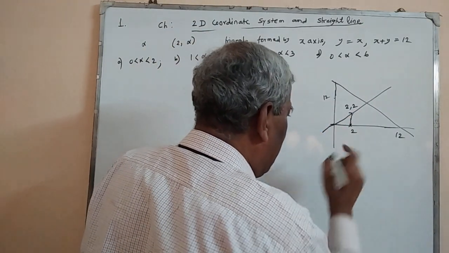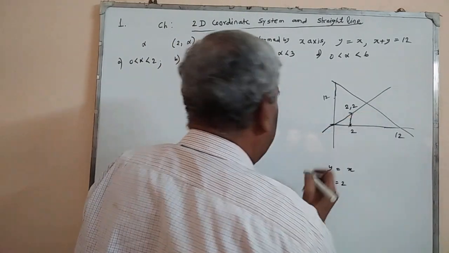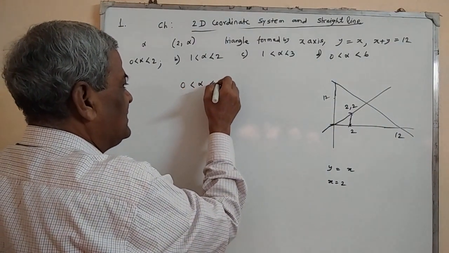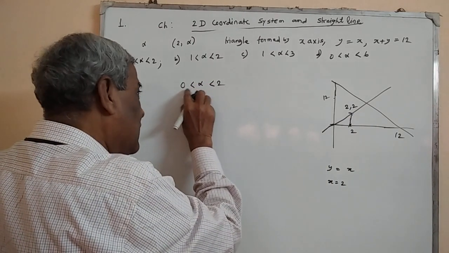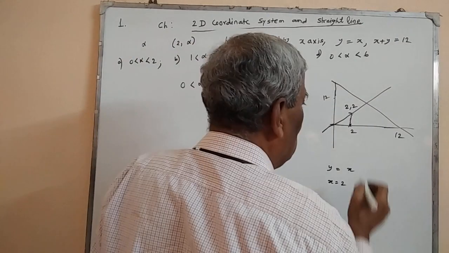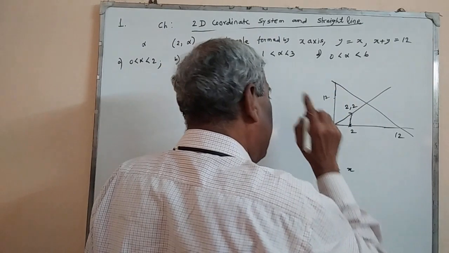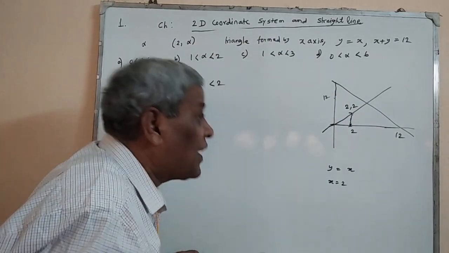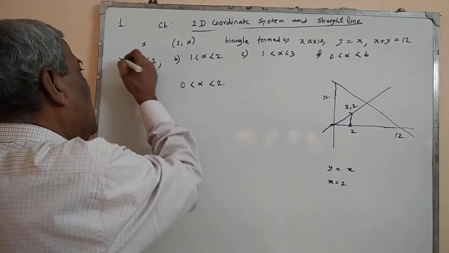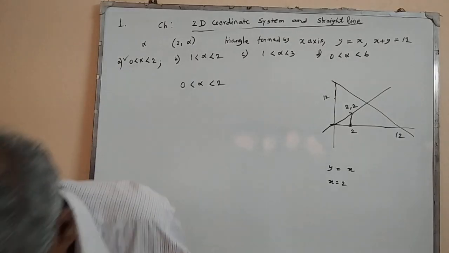So alpha must vary from 0 to that point. So the range of alpha will be 0 less than alpha less than 2. It cannot be equal to 0 or 2. If it is equal to 0, then the point lies on the side of the triangle, not within. So our option is this. Now the second problem.